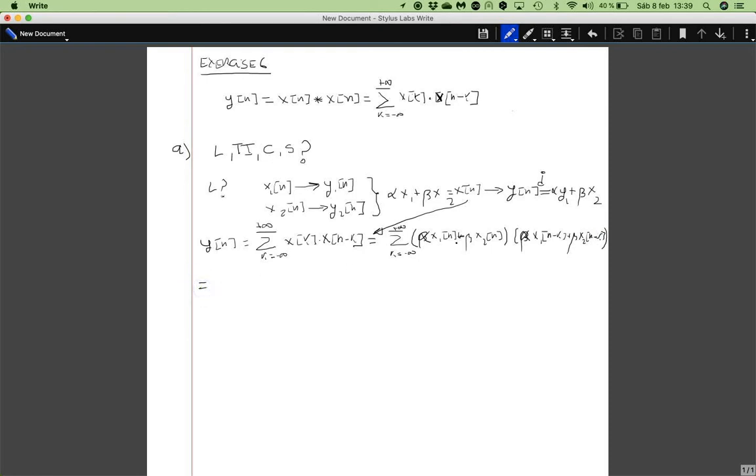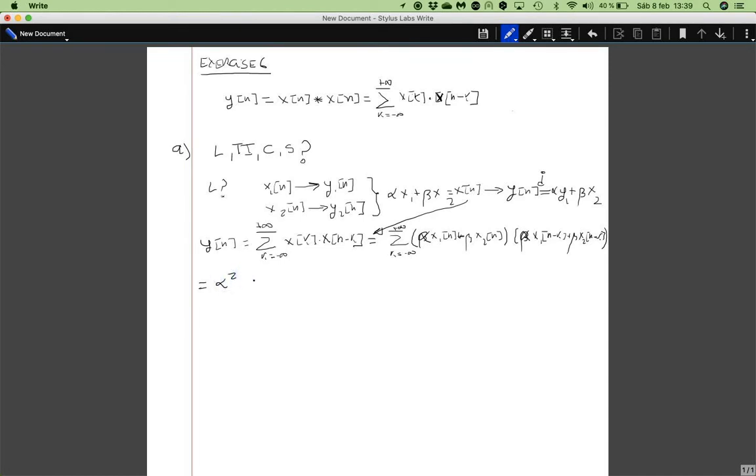Now we operate. We multiply these two binomial terms. The first one will be alpha x1[k] multiplied by alpha x1[n minus k], so alpha squared goes out of the summation.